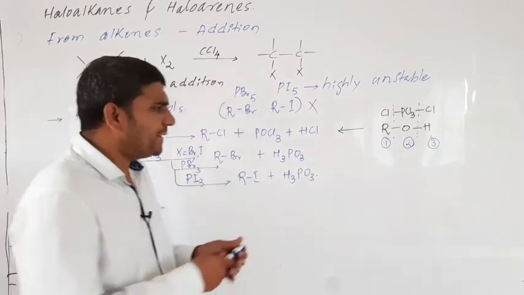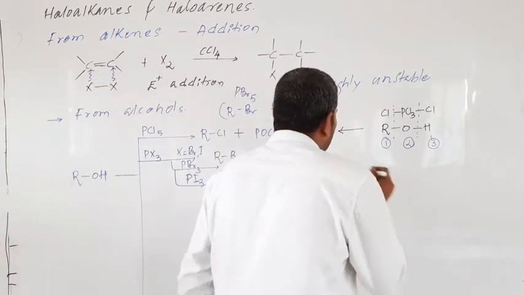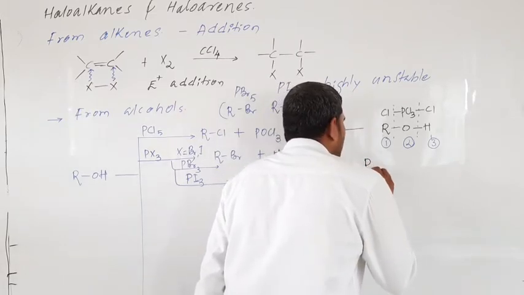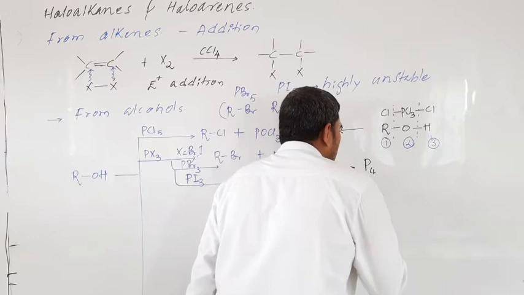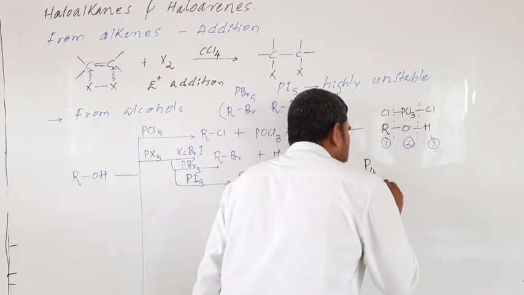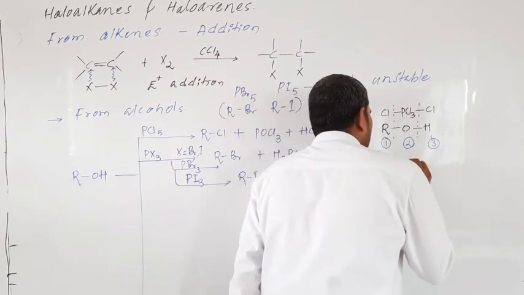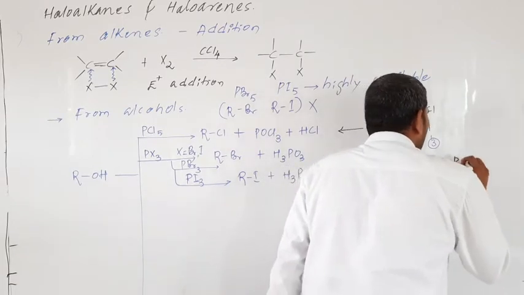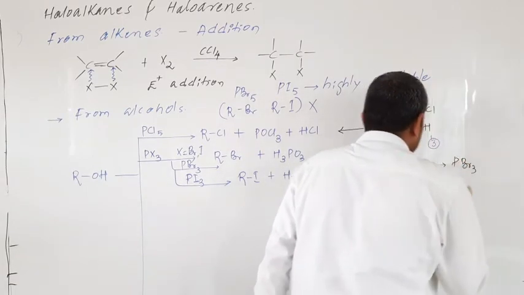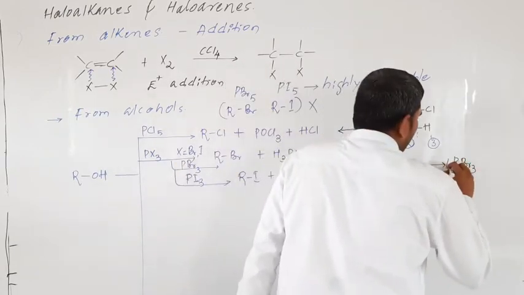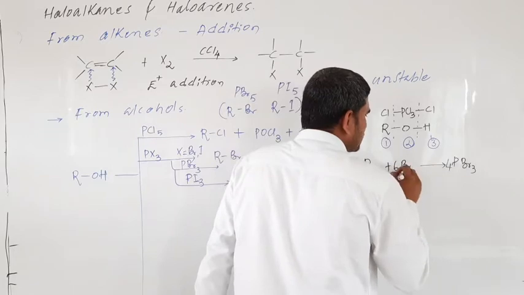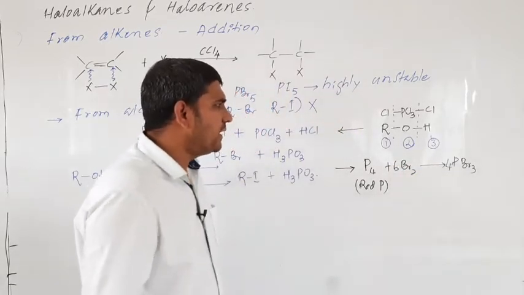And PBr3, PI3 are also unstable, but these can be prepared by using red phosphorus. By using what? Red phosphorus with halogen. P plus Br2, you will get PBr3. Balancing is very simple. You multiply this one by 4. 4 3s are 12. 12 means 6 2s are 12. Very simple. Okay, like that.